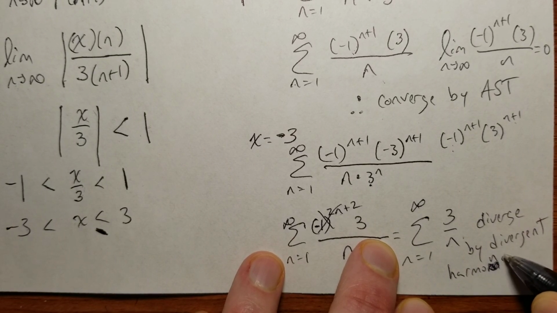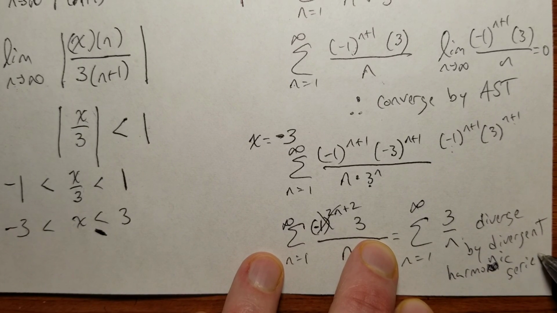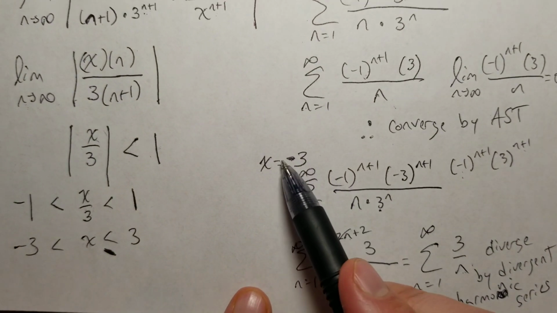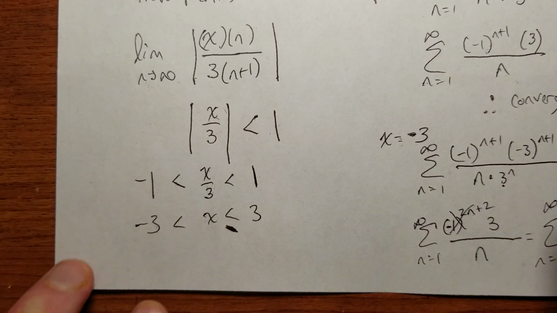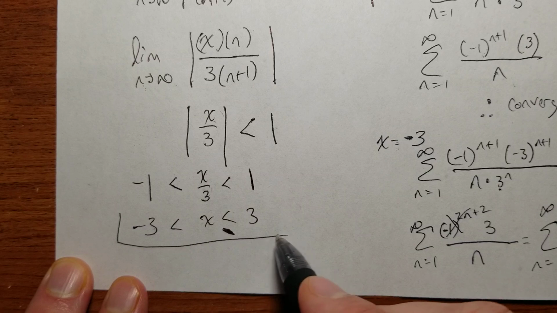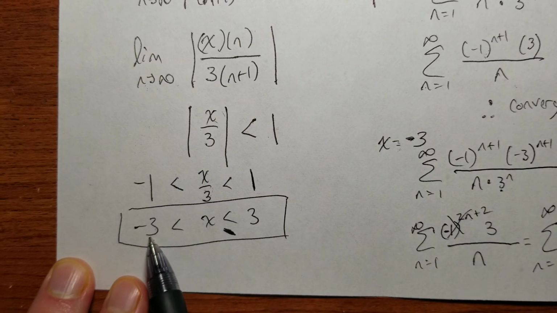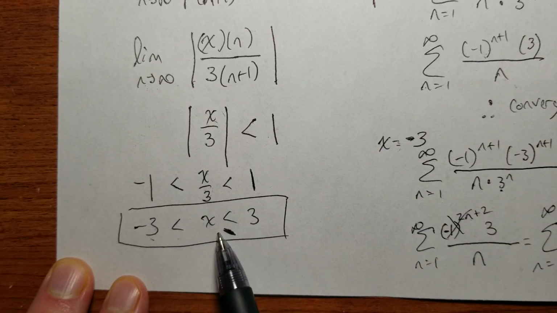And because this diverged, x equals -3 is not convergent, so that my interval is from -3 open to +3 closed.